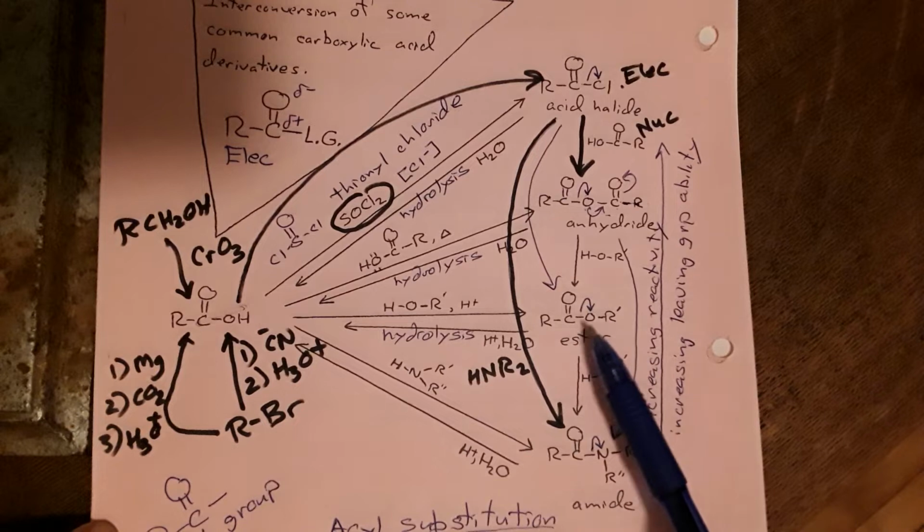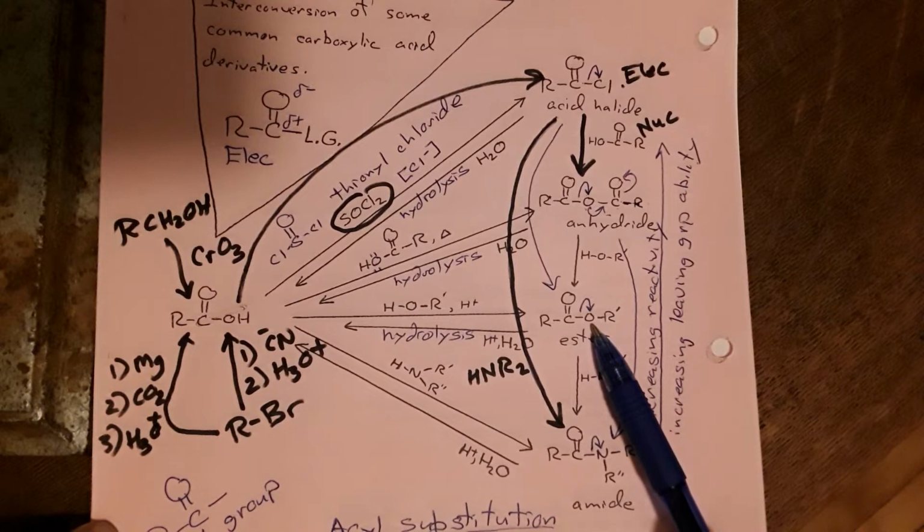If we have an ester, the leaving group has a negative charge on oxygen, which is electronegative and can help handle that negative charge, but it's a small atom, so that negative charge isn't going to be spread out, and so we still have a poor leaving group.